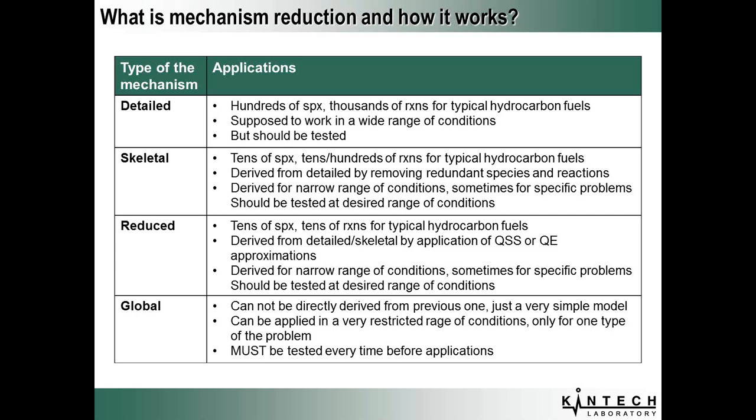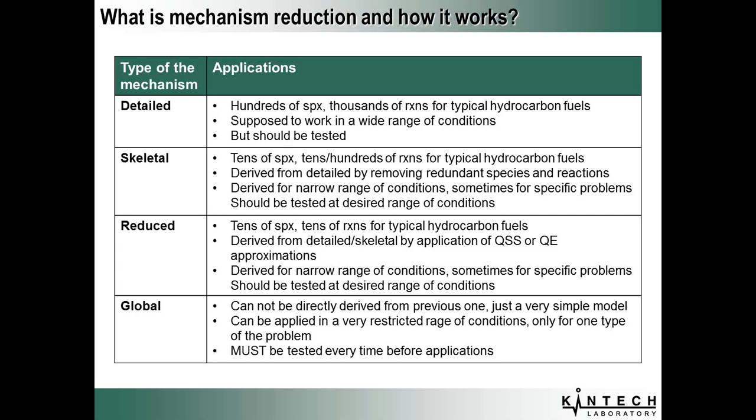And the last type of mechanism is the global one. It is a specific type of mechanism just because it cannot be directly derived from all the previous types. It is just a very simple model of the process which you consider. It can be applied in a very restricted range of conditions, and usually just for a single type of problem.